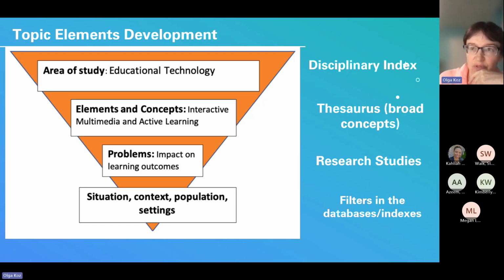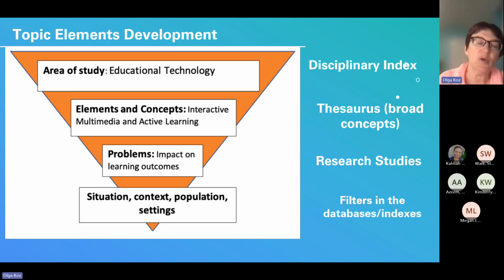Or what problems exactly you try to solve, or what connections between concepts. In our case, for example, it's the impact on learning outcomes. So how this technology used in active learning impacts learning outcomes.